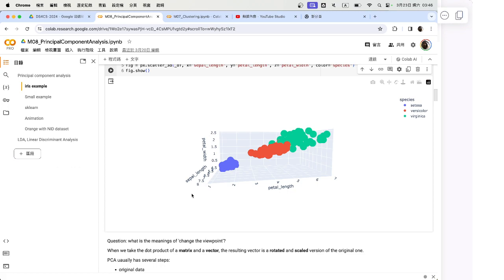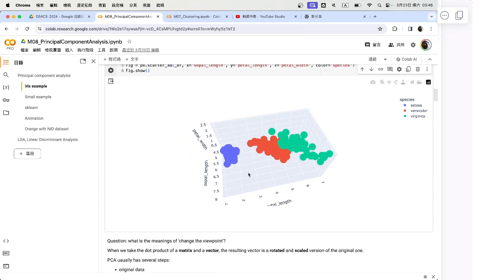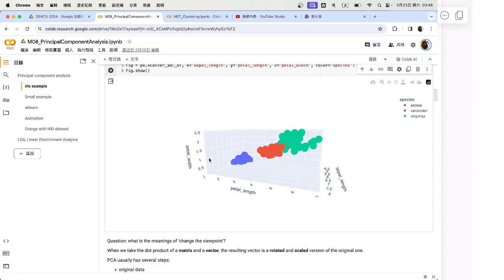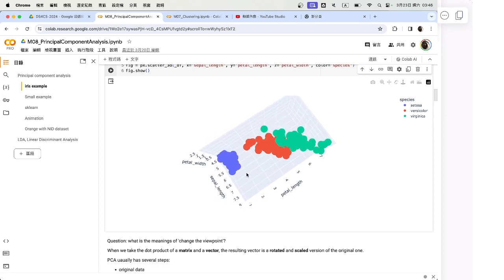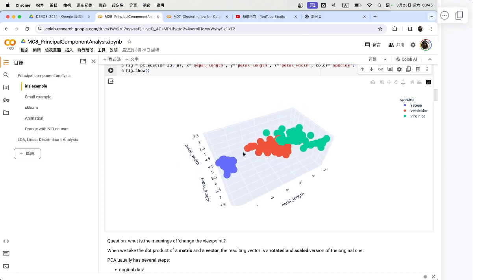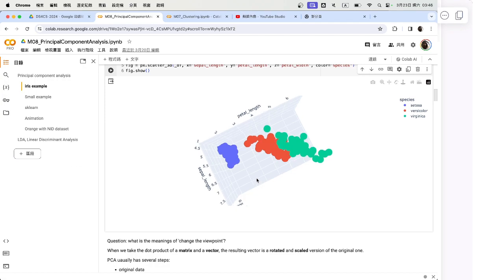But as you can see, we can rotate this data to get a better view to observe the data, right? So I think this one would be better because we can differentiate the green points and the red points better in this angle.